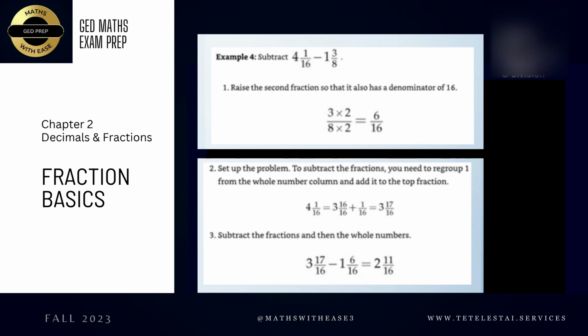So now we can subtract 17 from 6 to get 11. We subtract 3 from 1 to get 2, and the denominator stays the same. Okay. It helps to visualize this if you have to, but I think you get the point.